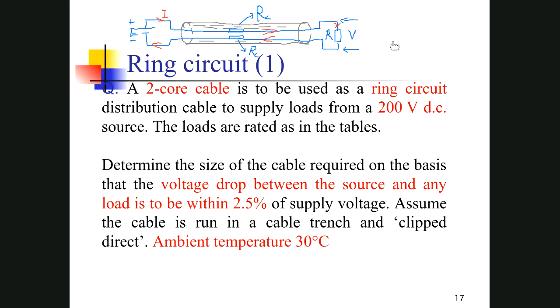The load is connected between the two conductors at the remote side of the cable. The cable has a length and a total resistance RC. So how do we calculate the total resistance? If you know the per meter values, then you can calculate it.